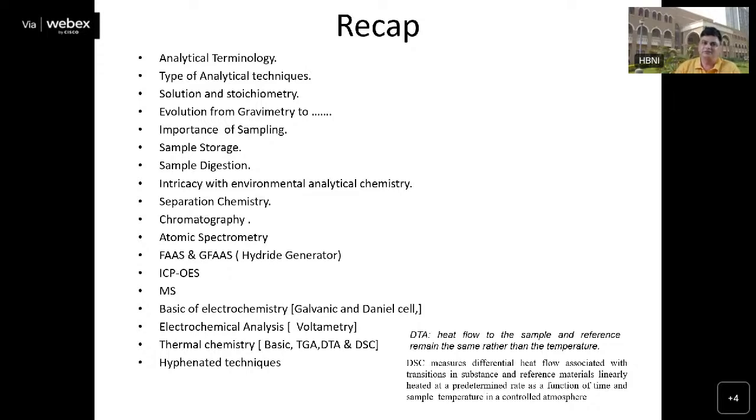Then we have discussed the importance of sampling, and again, this is a very important point. I am telling the same thing again, because if you commit any error while doing the sampling, whatever best lab, whatever best analyst you have, you are going to end up with wrong results, or results that will not be very near the actual values, because we are committing a mistake at the grassroots level itself.